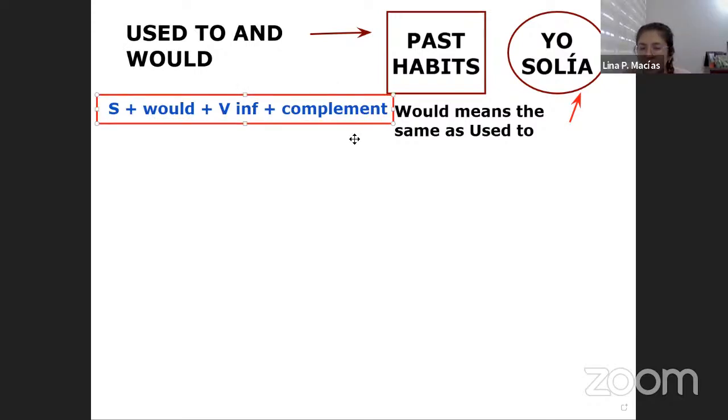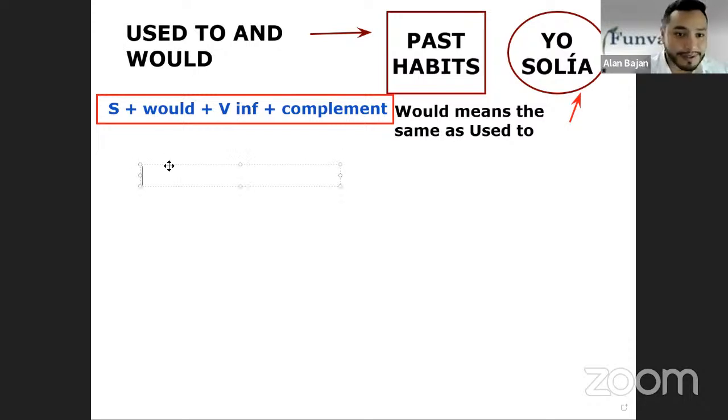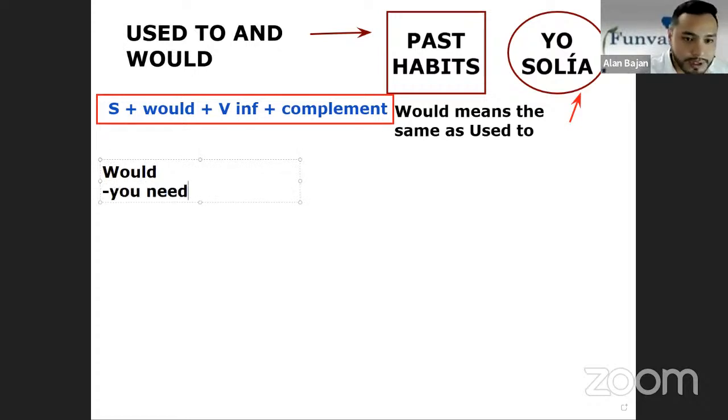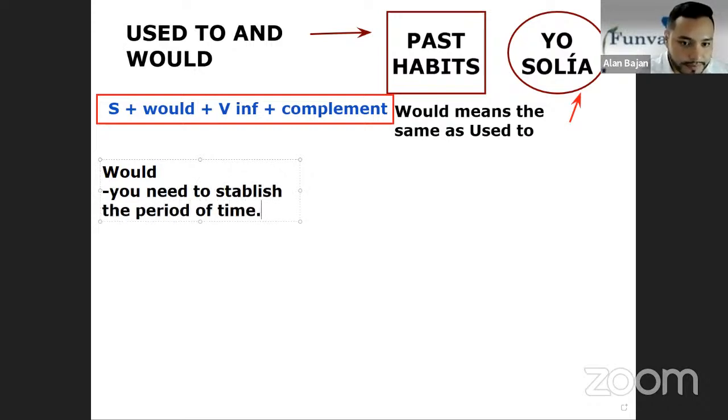Teacher, what is the difference? Used to, I would. I will explain it now. Patience, patience. No, just kidding. We will learn that. Would, first, you need to establish the period of time.